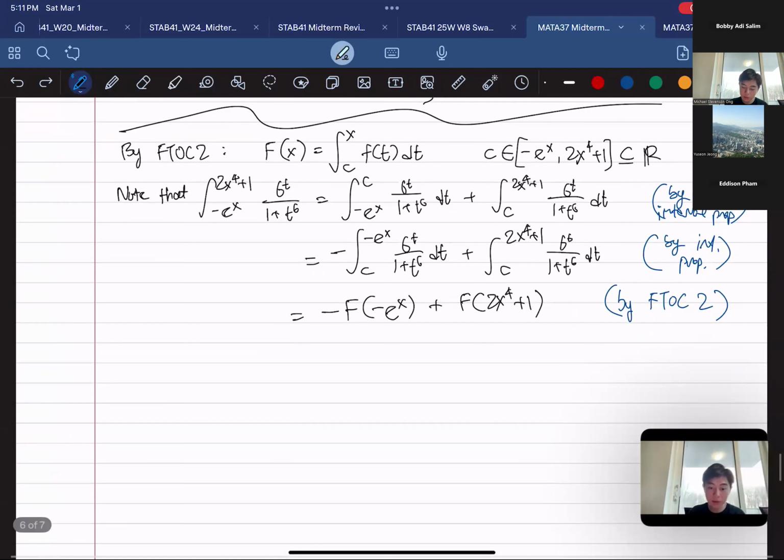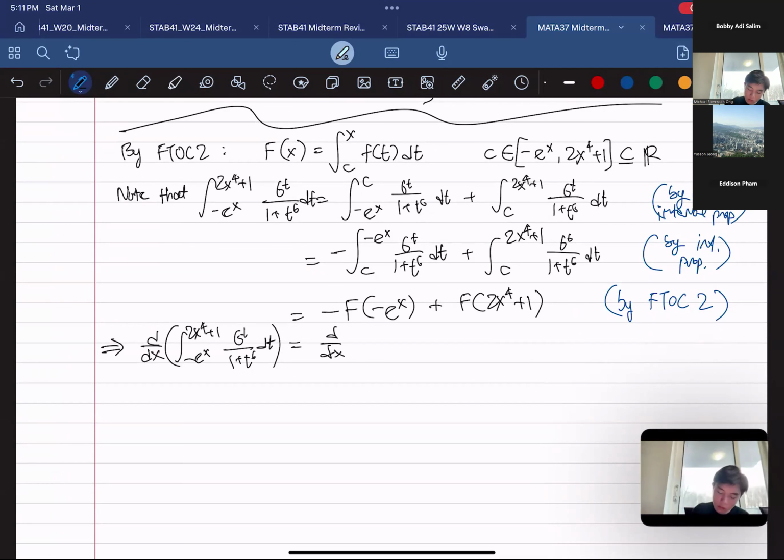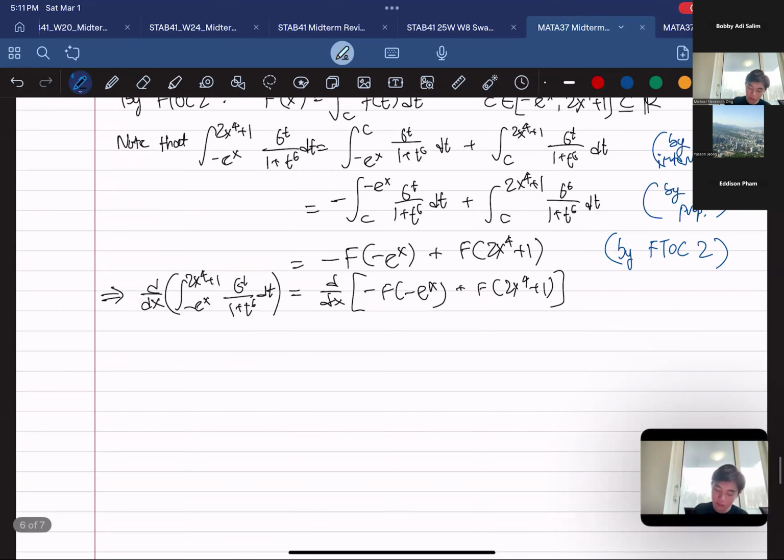So if we try to find the derivative of both sides, that means our first component here will be f, and the function inside is e to the x.